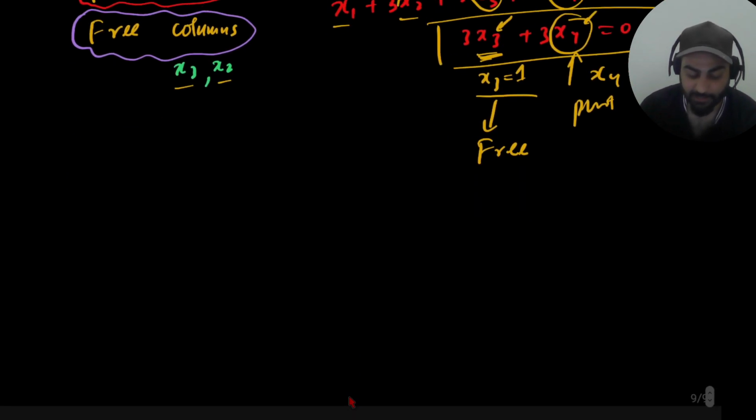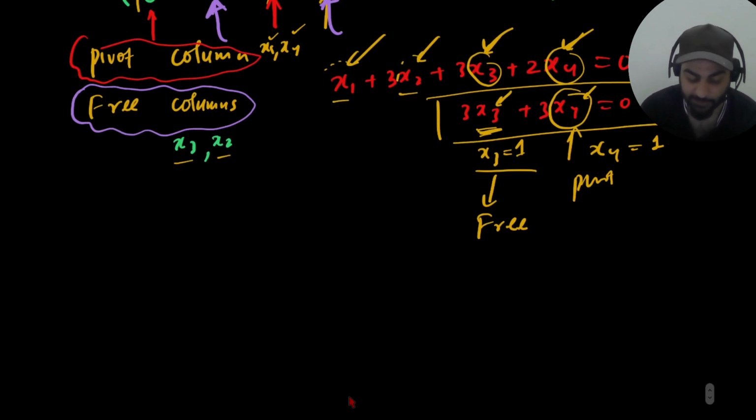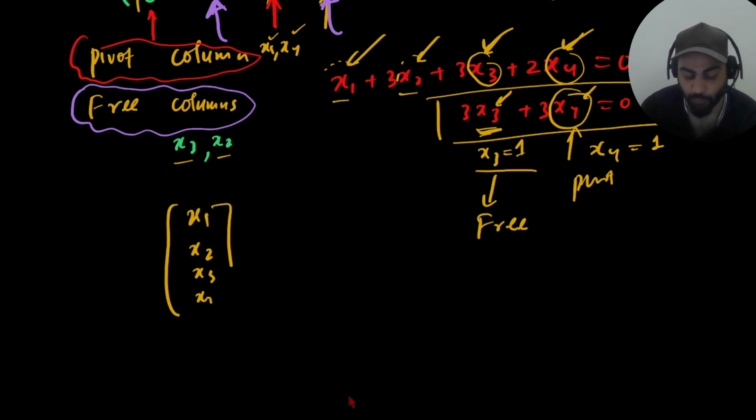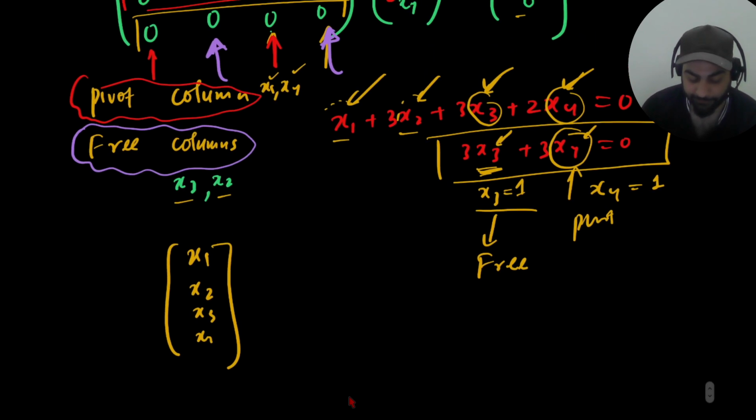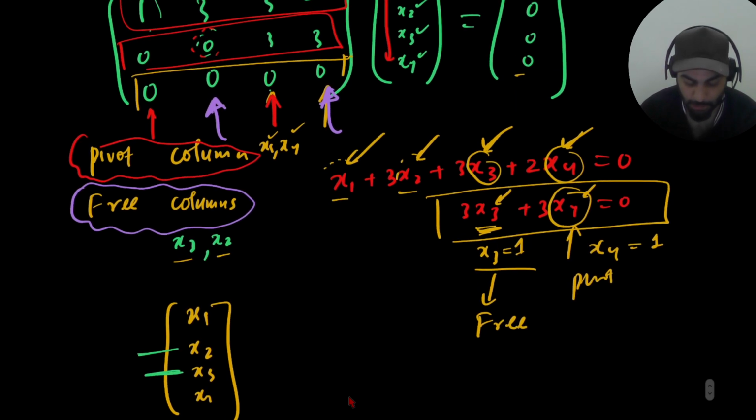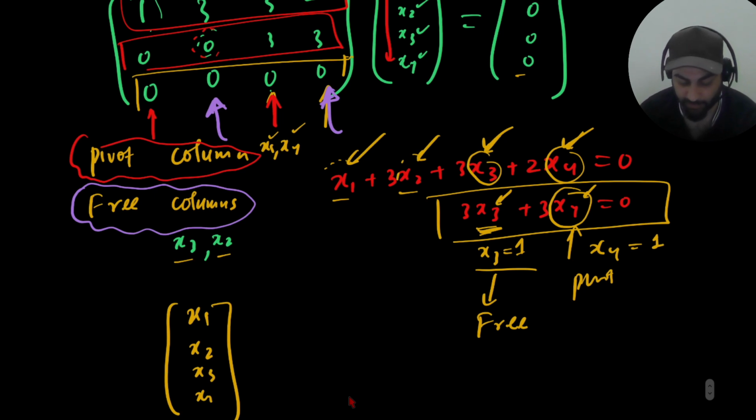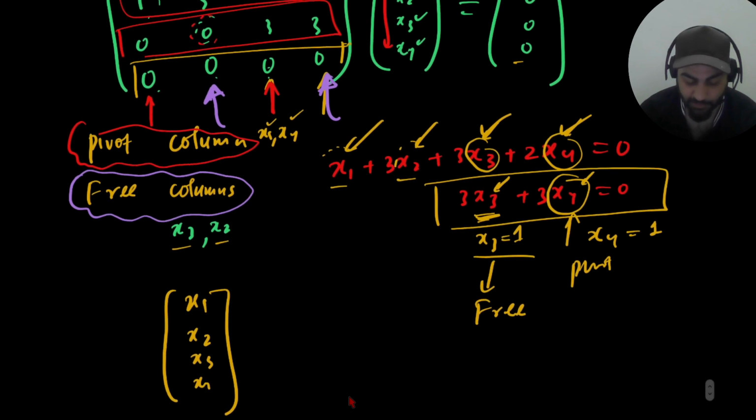So let's take the first value of this x3 and x4. Now we have x1, x2, x3 and x4. Now you know that this thing x3 is free, and this x2 is free. Is it x3 and x2? I don't think x2 and x3. So again, which are the x1, x2, x3, x4? So free columns are x2 and x4.